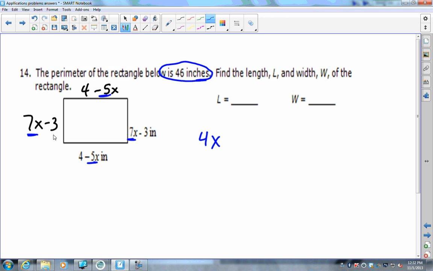Negative 3, minus 3 is negative 6. I've got 4 and 4, which is 8. And if I put that together, it's plus 2. That equals 46. Now we can solve for x.